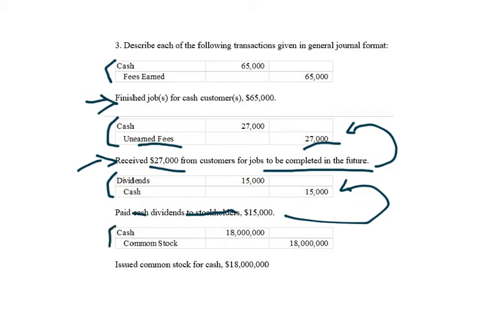This one here, cash debit, common stock credit for $18 million. Nice robust figure there. In this case, I decided to focus on the act of what you're doing, which is issuing common stock for cash. If I just said issued common stock, $18 million, that would also be valid, because what's our default position? That it was, in fact, for cash.